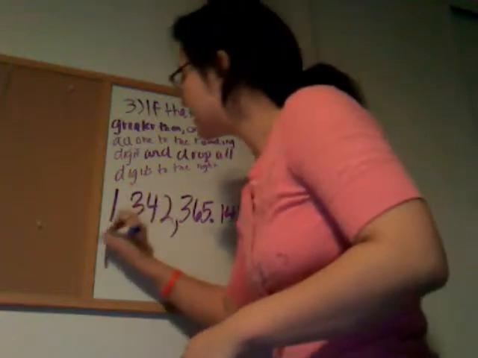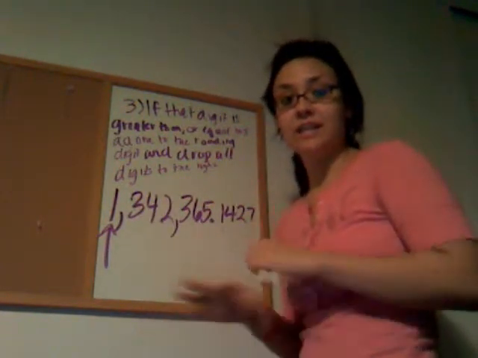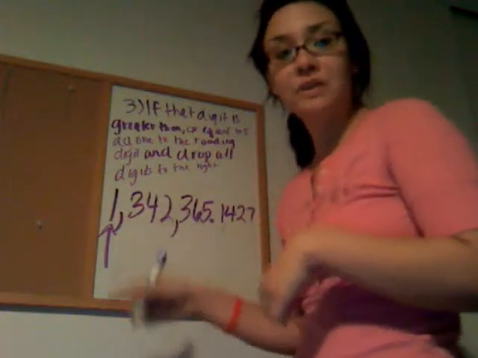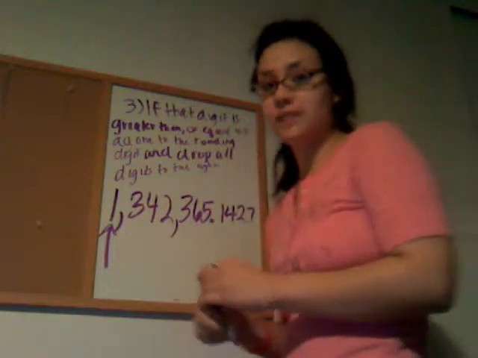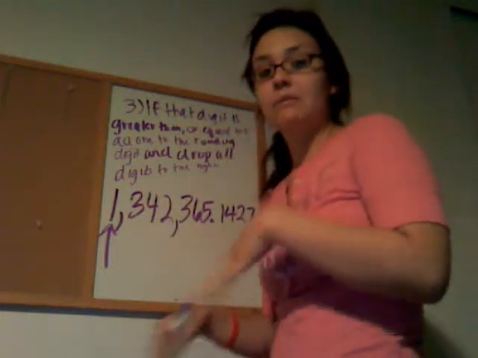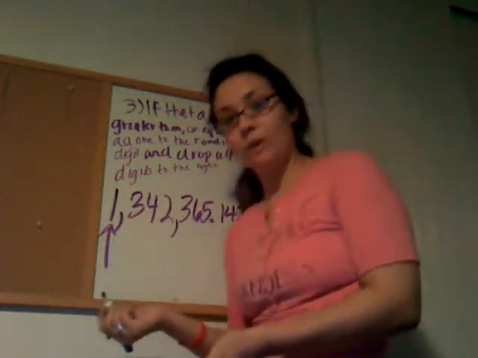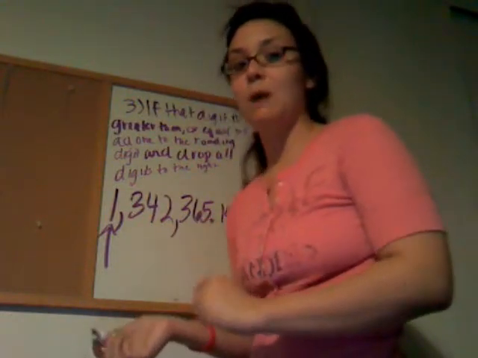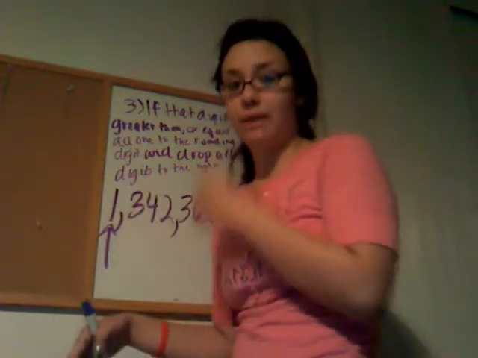Here, what place is this one in? That's right, it's in the millions place. So we can write this in our notes so we can get a reminder if we ever need to know what we're looking for, and we can recognize and remember these.